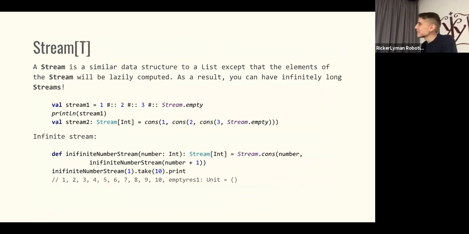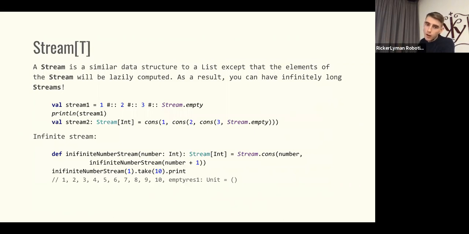Yeah, this is the first time we use this stream word in this course, at least in the Scala part. So stream is basically a data structure the same as list. It's a collection basically, but the special thing about it is that every value in it is lazily computed.